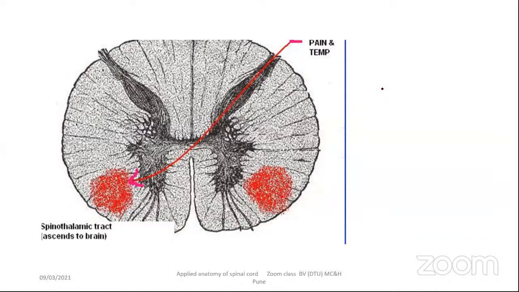It ascends into the nucleus gracilis or cuneatus at the end of the spinal cord in cranial direction. From there, the second order neurons start. They cross to the other side and ascend in the lemniscal pathways to the thalamus. From the thalamus, the third order neuron enters the parietal lobe. So this is in essence the ascending sensory tracts.